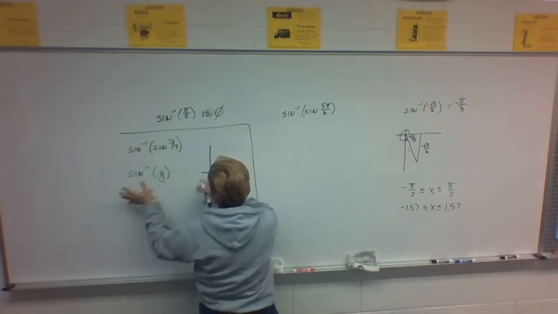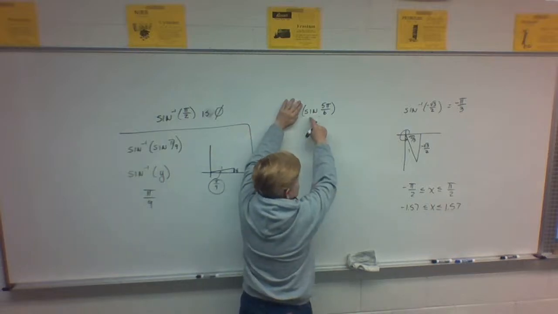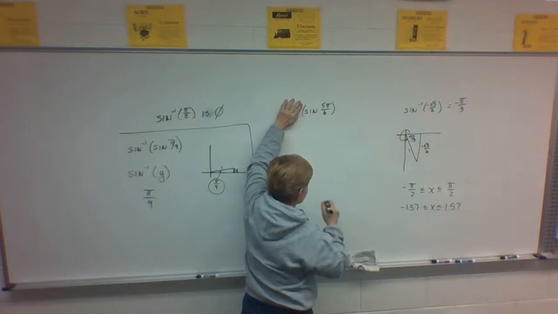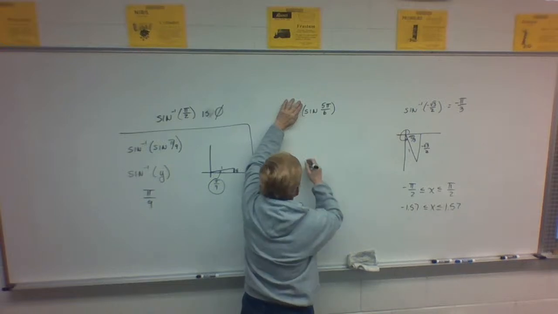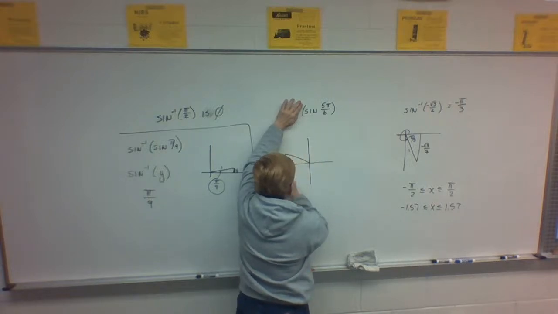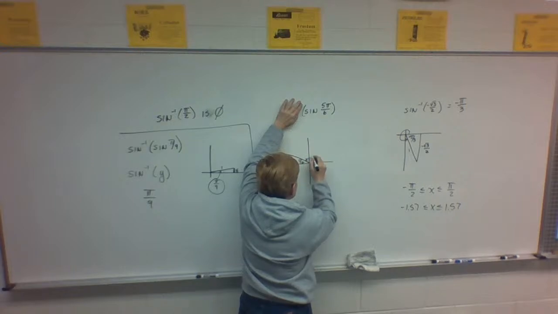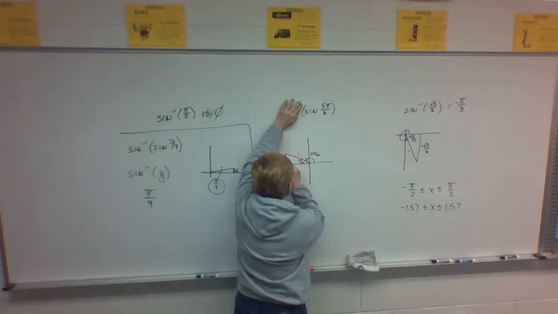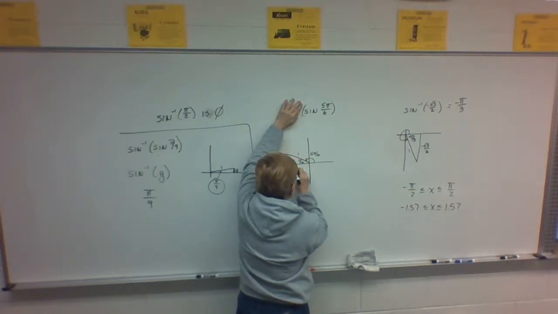So first, like I did over here, I'm going to find this. Okay, now stay with me. That 5 pi sixths is over here with a reference angle of pi sixths. This is pi sixths. This is 5 pi sixths. I'm using the reference angle because it's a familiar one, and this is 1, this is 1/2, and this is negative root 3 over 2.